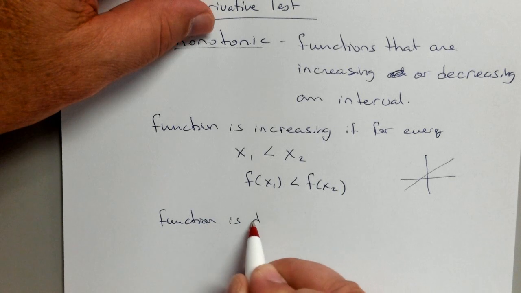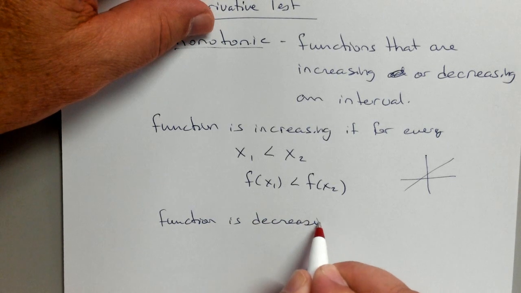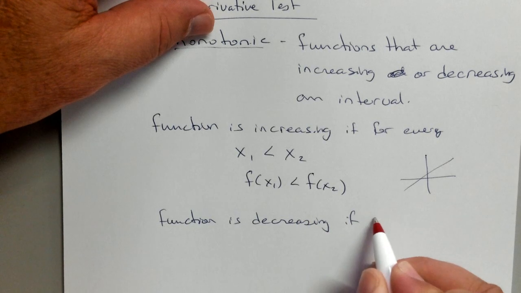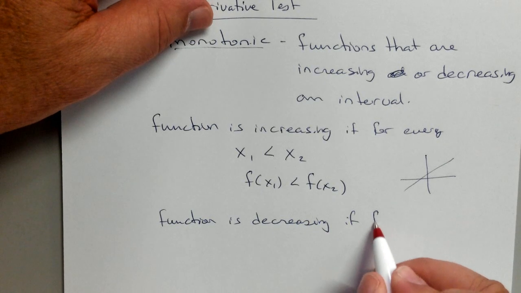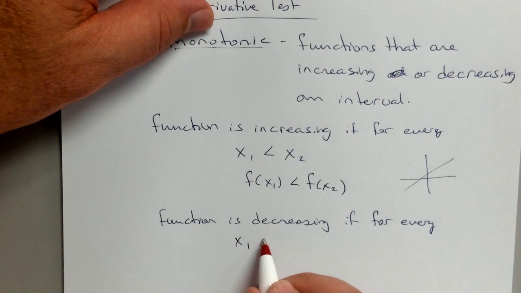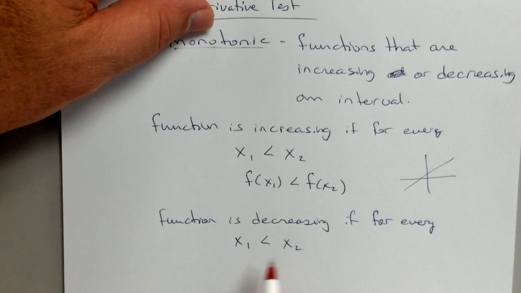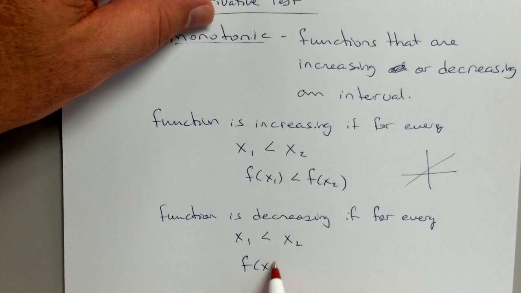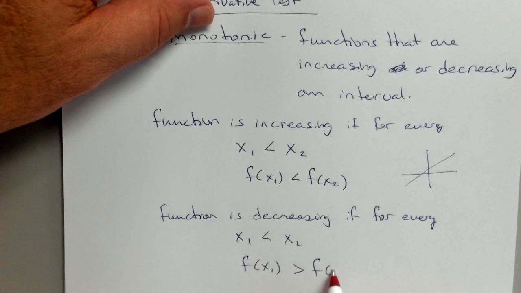A function is decreasing if for every x, x1 is less than x2, then f of x1 is greater than f of x2.